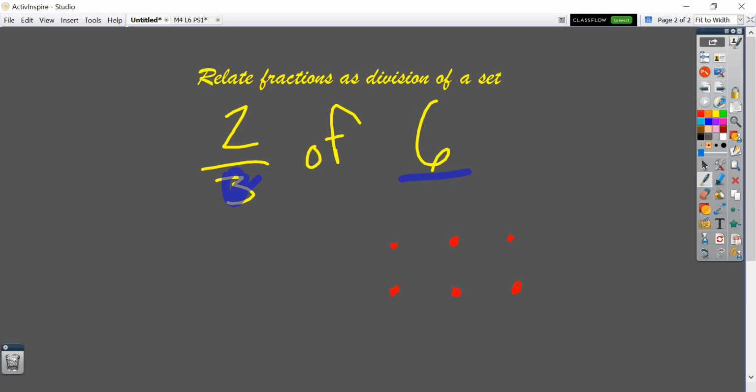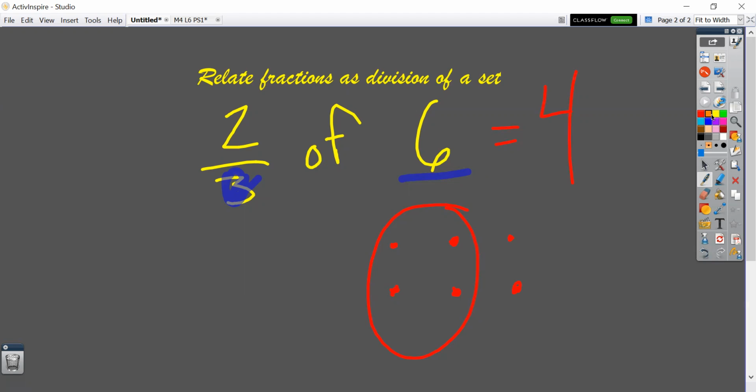Now we have to think to ourselves, what is 2/3 of that? That's where you can draw those columns to think about that. We need 2 columns of those. Well, 2/3 of 6 is now easy to see as 4.